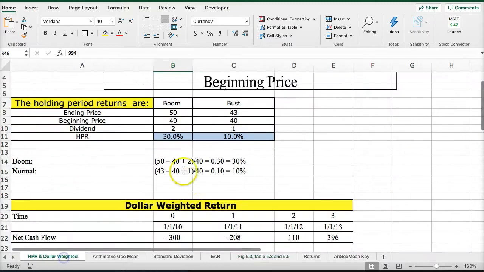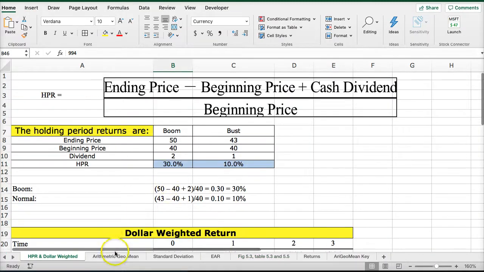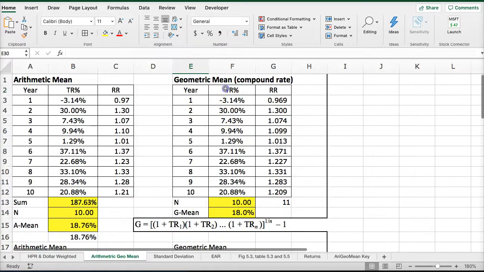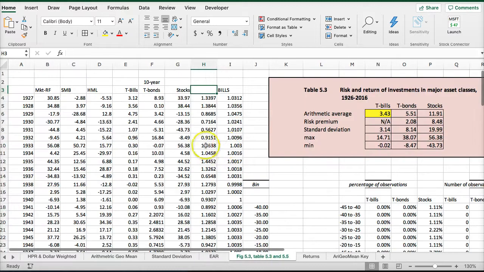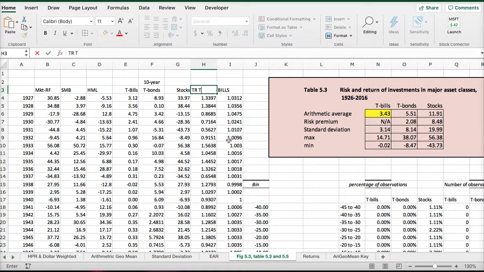Going back here, this is when we calculated the total return, TR, and this is like the relative return. Stocks. And then this would be total return bills, treasury bills.